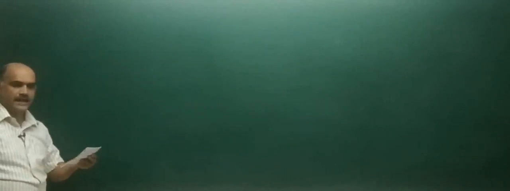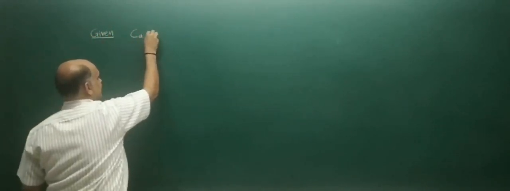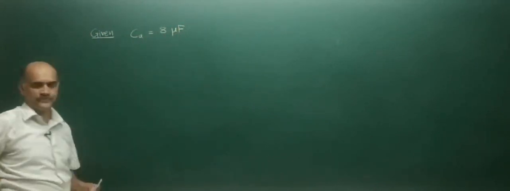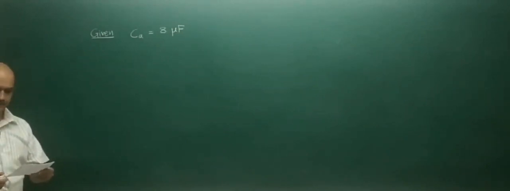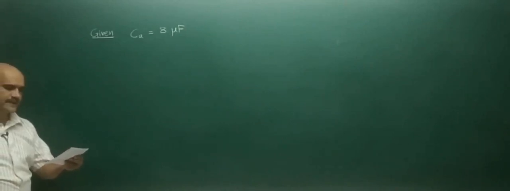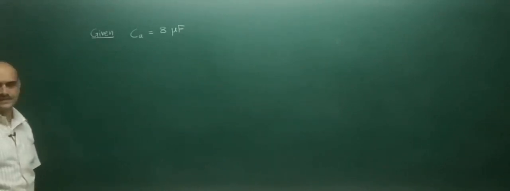Next, the second problem. A parallel plate air capacitor has a capacitance of 8 microfarad. So he has given the capacitance of the capacitor with air, that is C A, I will denote it as 8 microfarad. What is the capacitance if the distance between plates is reduced by half and the space is filled with a substance of dielectric constant 6?